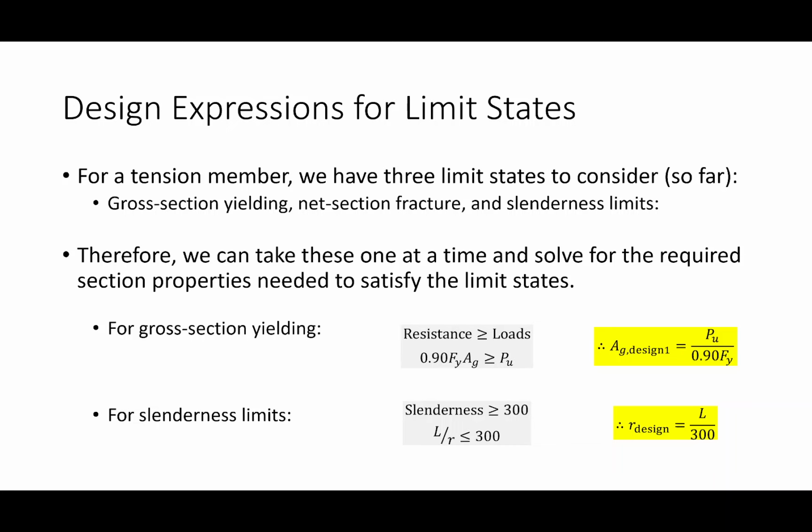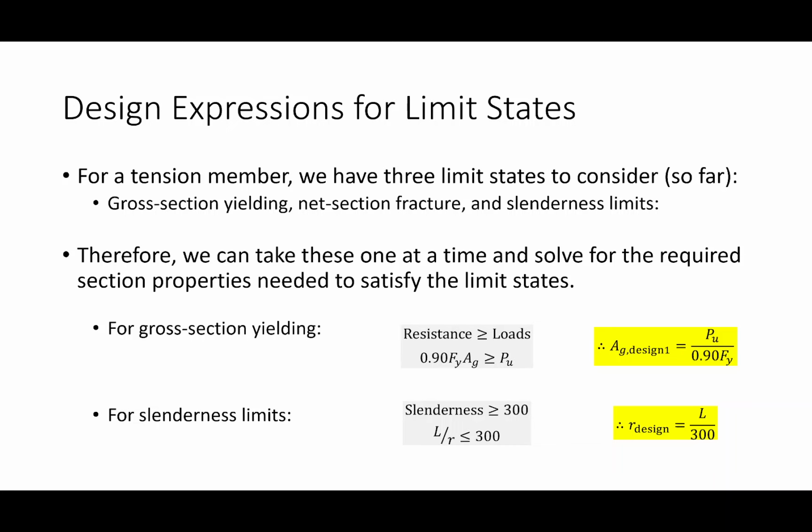If I know what the yield stress is, if I assume a grade of steel, I can divide and say that my gross area has to be bigger than that. That's a way of picking a member, right? Another way of picking a member is saying that the radius of gyration must be bigger than L over 300. That'll work, right?